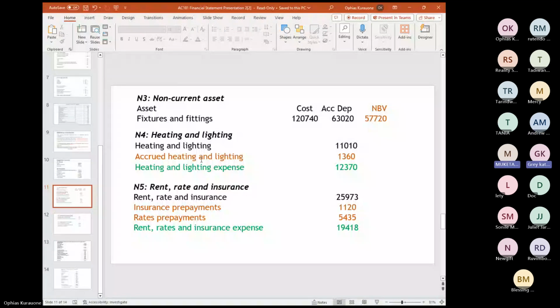We are still on N1 and N2 on the display. Yes, it's now visible. The network here is slow. Okay, let me wait so that all of you are able to access it.